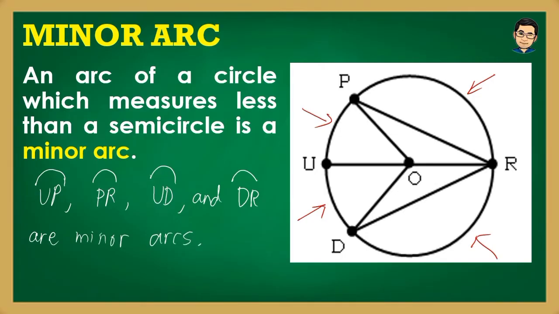Makikita naman natin na obvious yung mga minor arcs is because hindi naman sila lumalagpas sa kalahati. Usually, mas madali silang makita kapag meron tayong diameter, nakahati yung circle into 2.